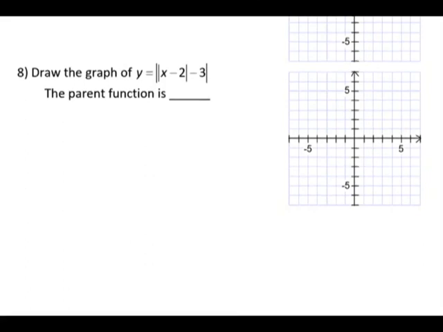Similarly, in our last example, we're going to identify the parent function. That's really what's inside the outer absolute value transformation. So we're going to base this on an absolute value function. We start by ignoring the outermost absolute value.